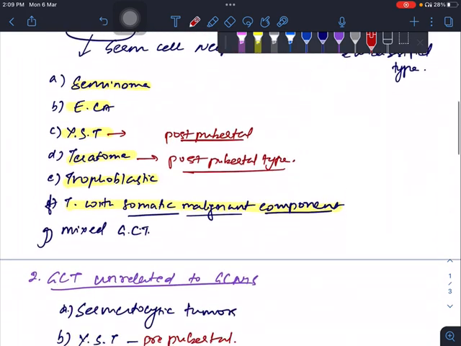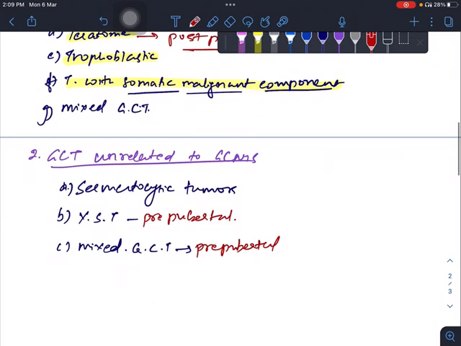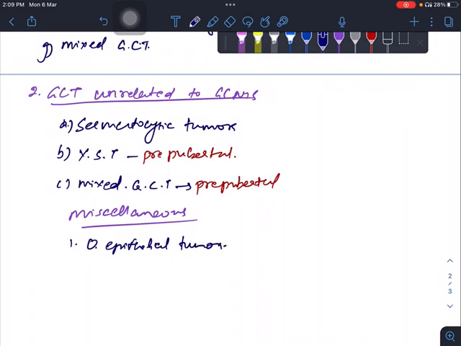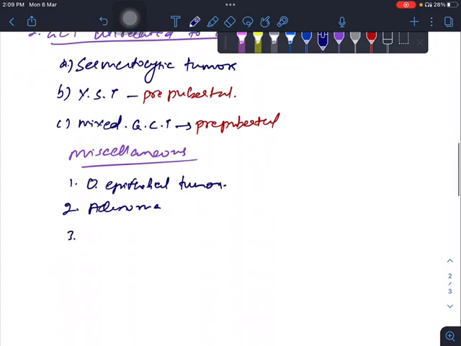Then we can see about the miscellaneous type of tumors. These miscellaneous tumors are ovarian epithelial tumors, then adenomas. These are very rare tumors. Then comes the paratesticular tumors.